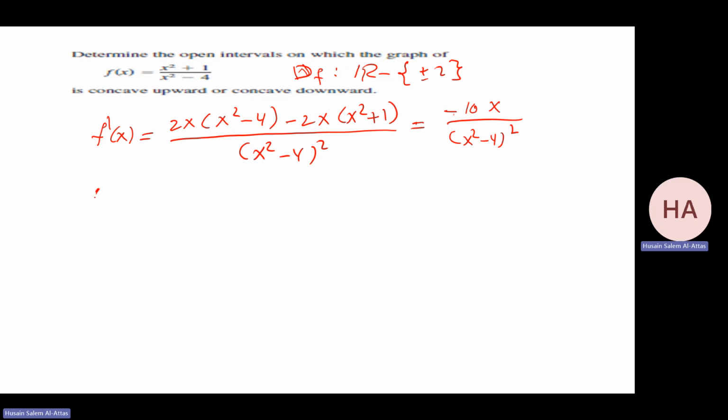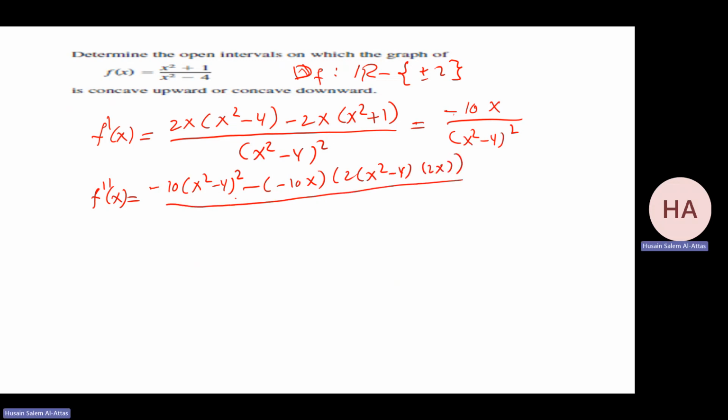Okay, now we'll do f double prime. It has what? Minus 10 times x squared minus 4 squared, minus minus 10x times 2 times x squared minus 4 times 2x, over x squared minus 4 to the power 4. Okay, I can take x squared minus 4. Also, I can take 10, I can take minus 10 and x squared minus 4 as a common factor. Yeah, take a 10, no problem.